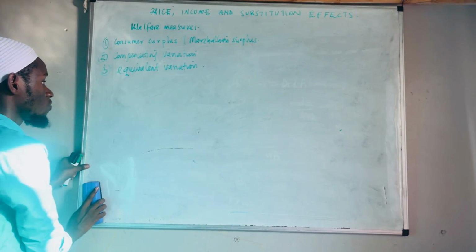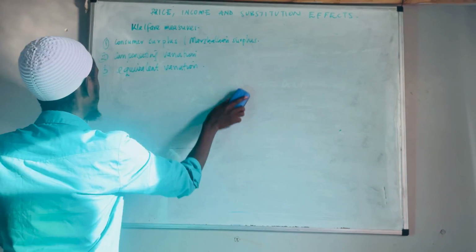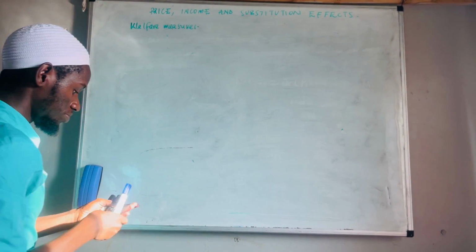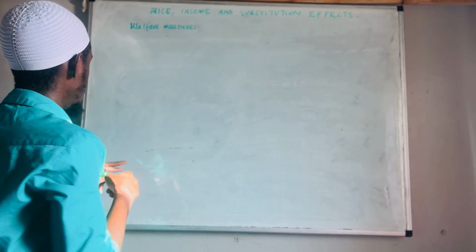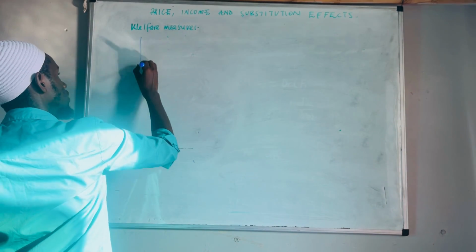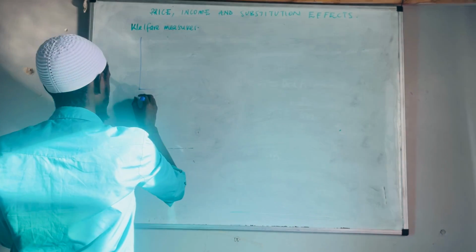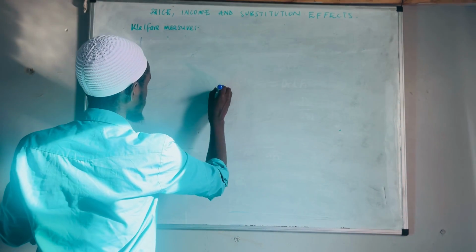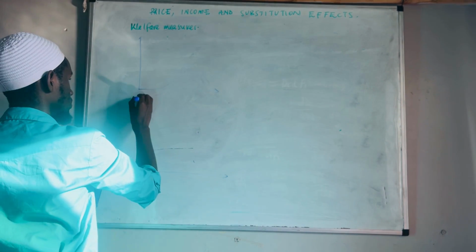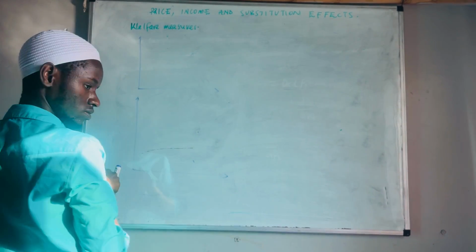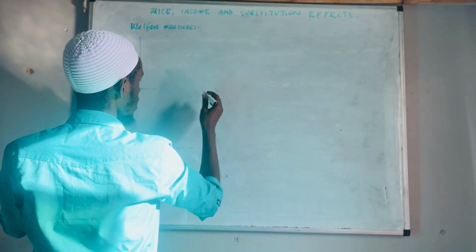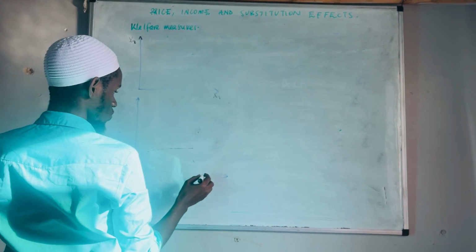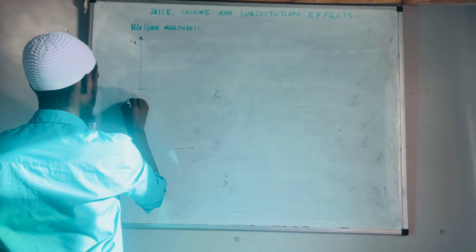Now, from our diagrams we had before, we had something like this: here you have x1, here you have x2. There is a price fall in x1, and here you have x1 and here you have the price.